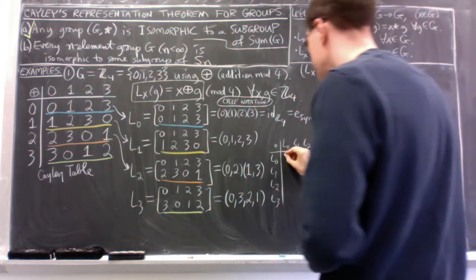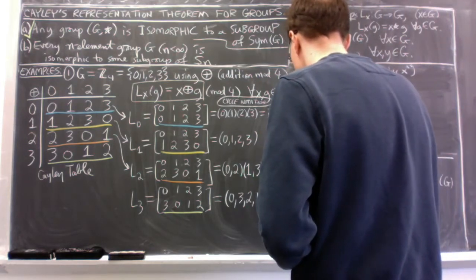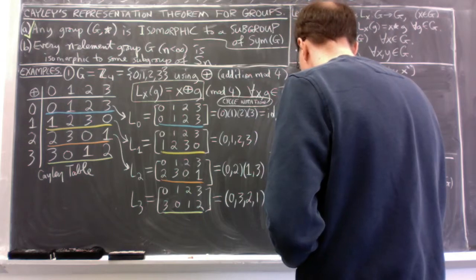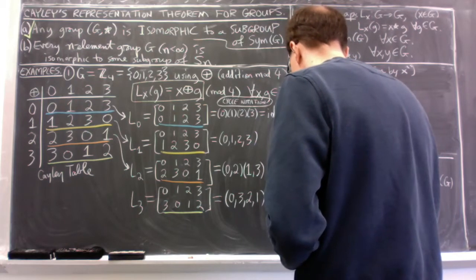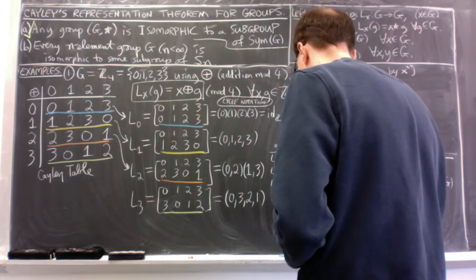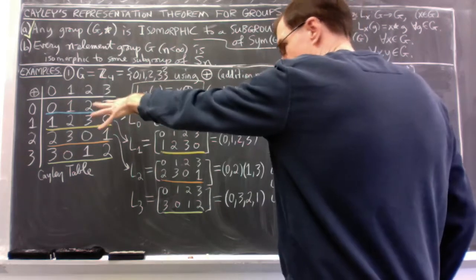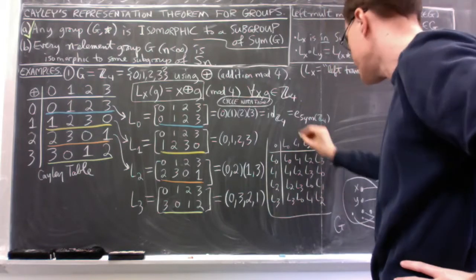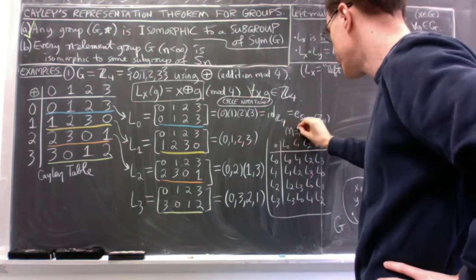Thanks to this fact, without even calculating any of it, the theorem we already checked says it's gotta work like this. I just put, everywhere I saw a number, I put L sub that number. And this is the group M, the image of that from the proof.